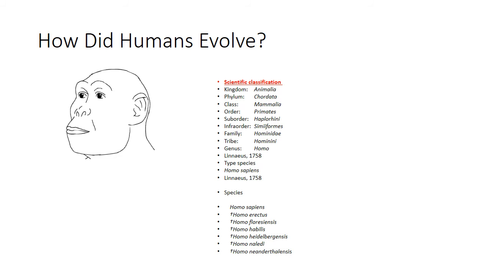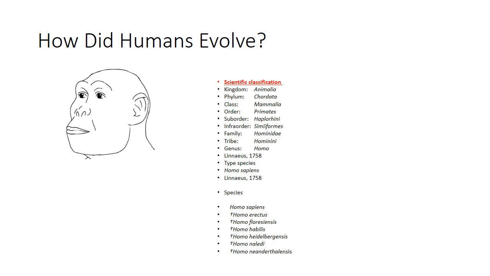I read elsewhere that it's more than 6, but at least six species of the genus Homo used to exist but do not exist anymore. They went away, disappeared. Homo erectus, Homo floresiensis, Homo habilis, Homo heidelbergensis, Homo naledi, and Homo neanderthalensis.